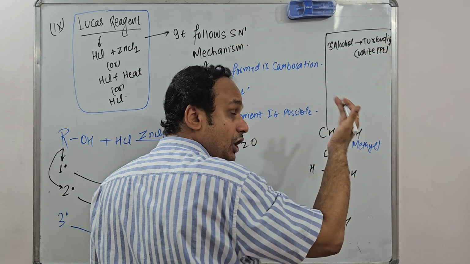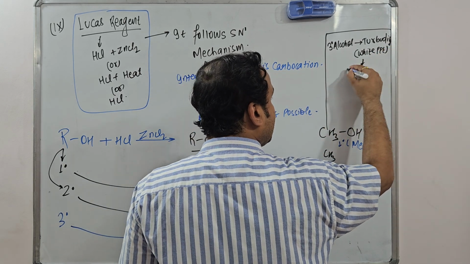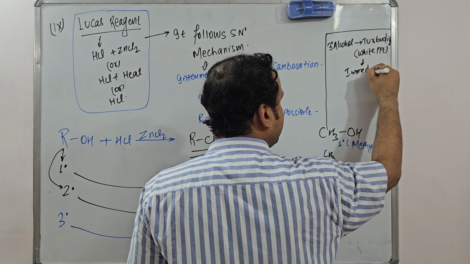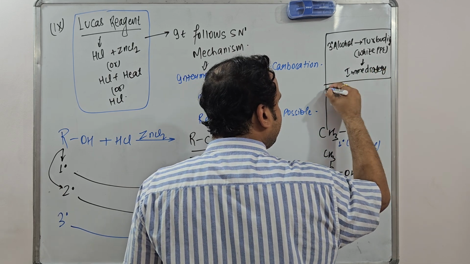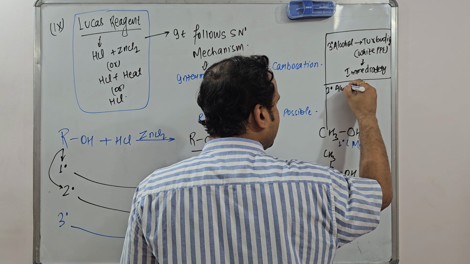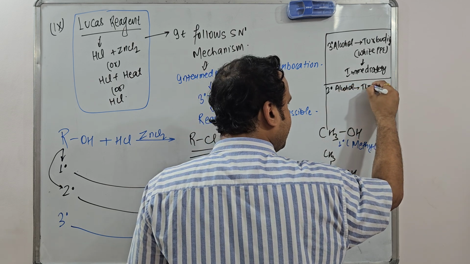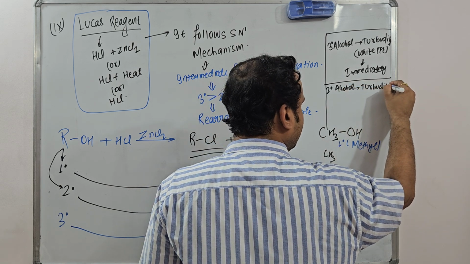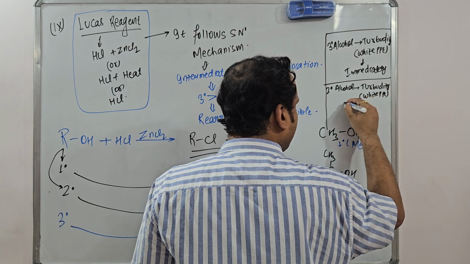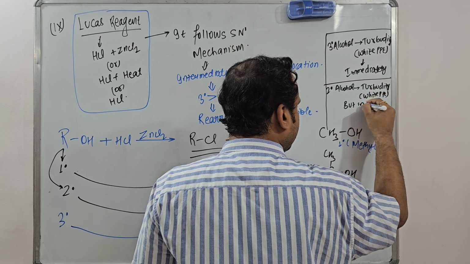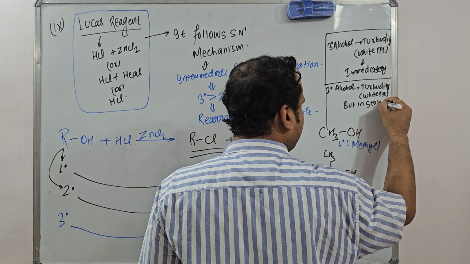So whenever 3 degree alcohol is there, it will give white precipitate immediately. If 2 degree alcohol is there, then it will give turbidity, that is white PPT, but in 5 to 10 minutes.